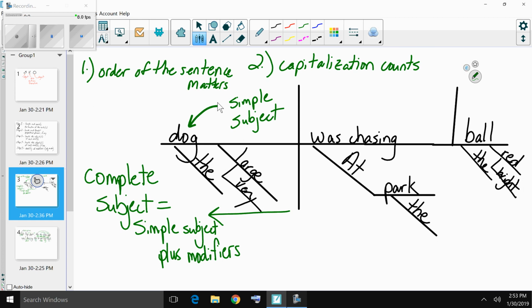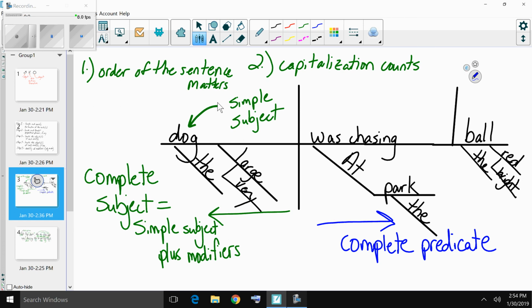Now, if that's the case, then the other side, to the right of the bisecting line, also has to have a name. Everything to the right is called the complete predicate. You may have heard these terms before, but now you know what they are. They're pieces of the sentence.